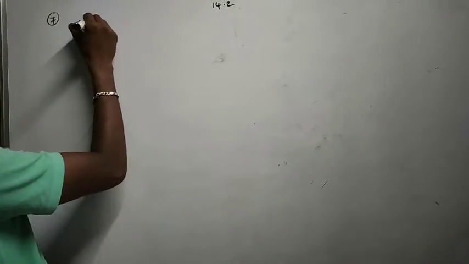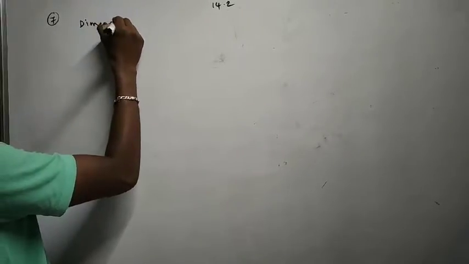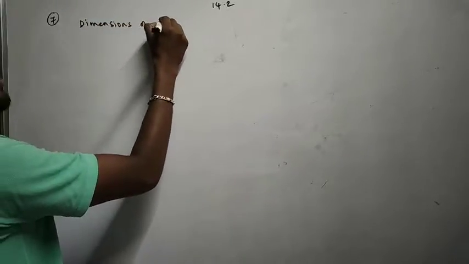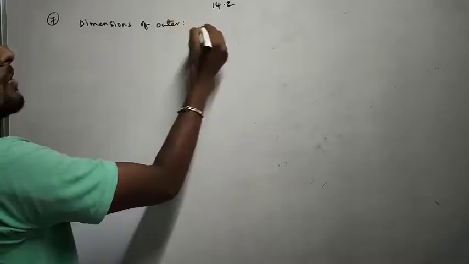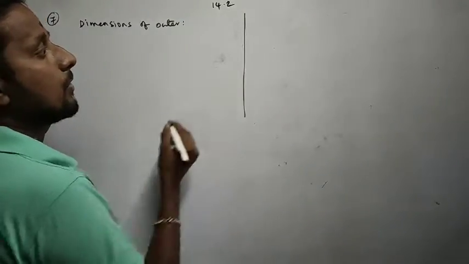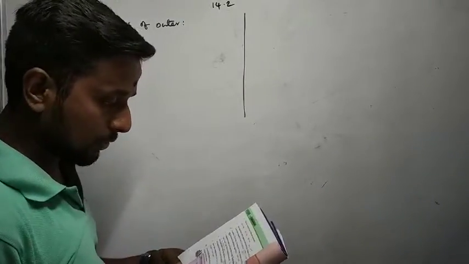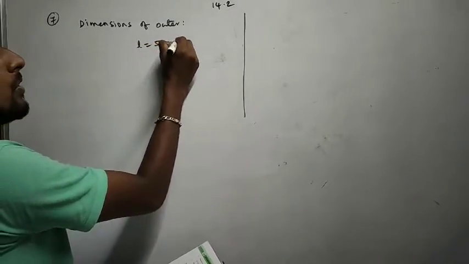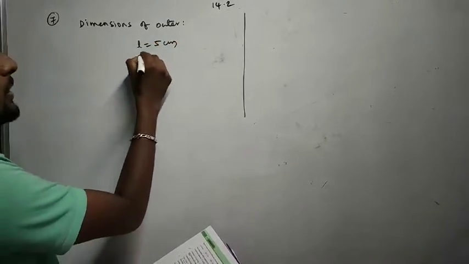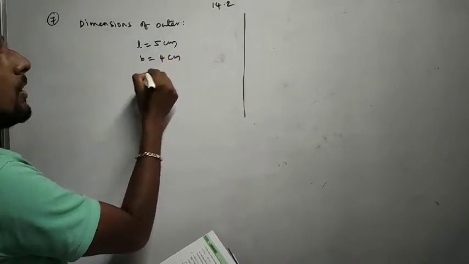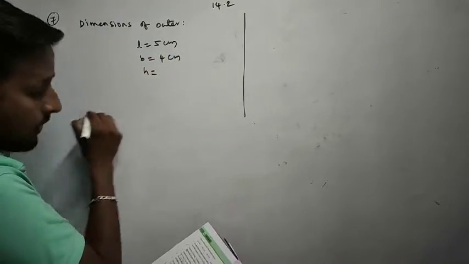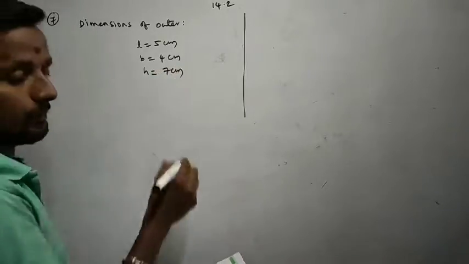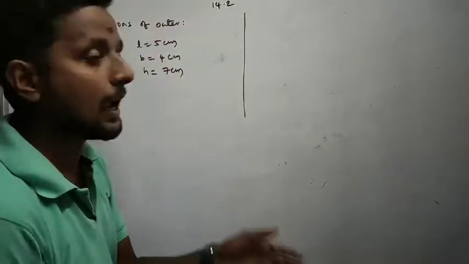A closed box is made up of, yeah, so he has given the dimensions of the outer box. It is in cuboid form. Breadth 4 centimeters, height 7 centimeters. The question is, actually it's a box.